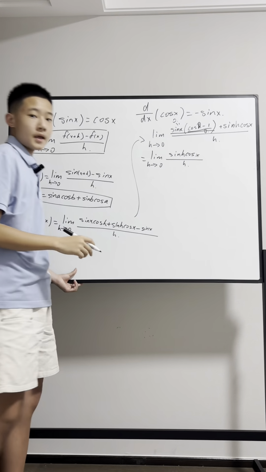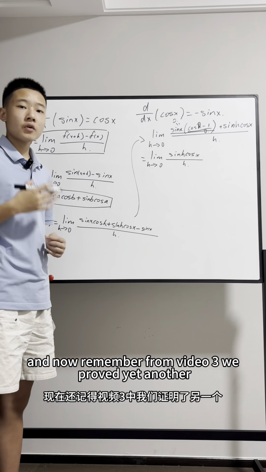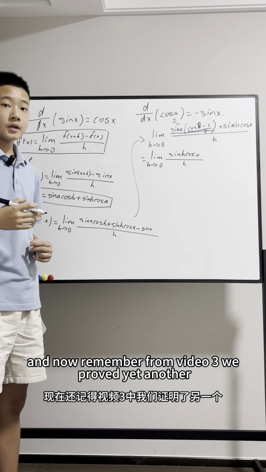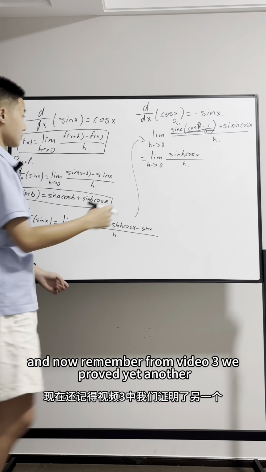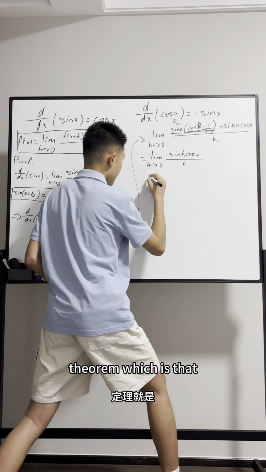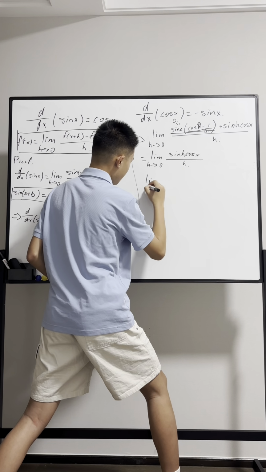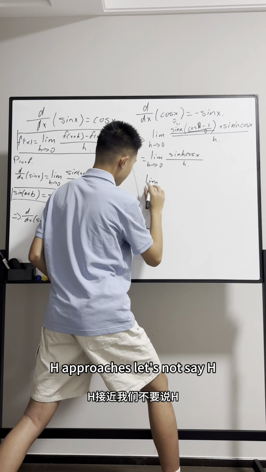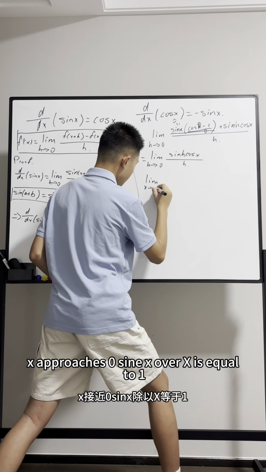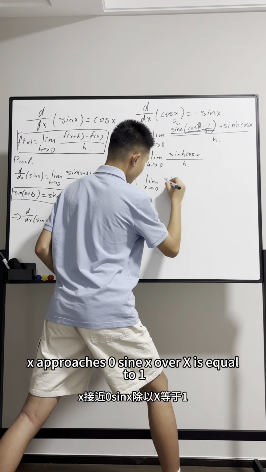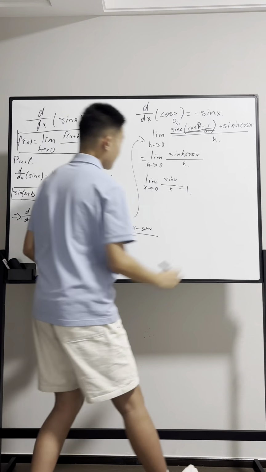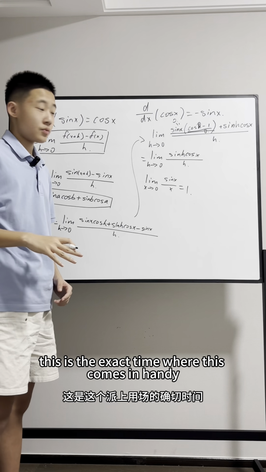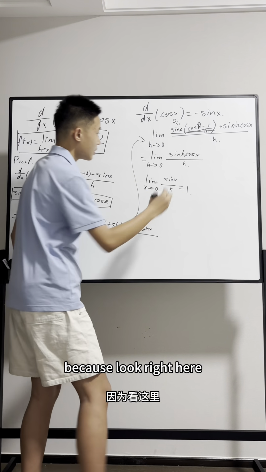And now remember from video 3, we proved yet another theorem, which is that the limit as x approaches 0 of sine x over x is equal to 1. This is the exact time where this comes in handy, because look right here.